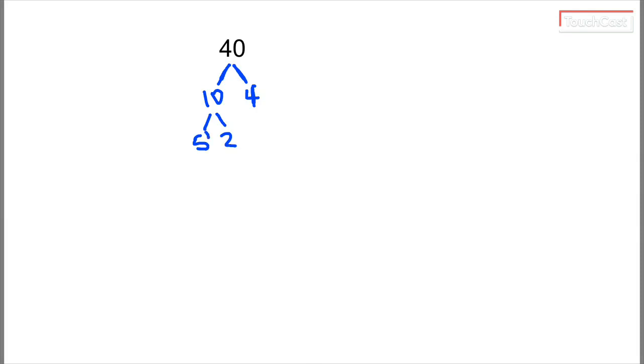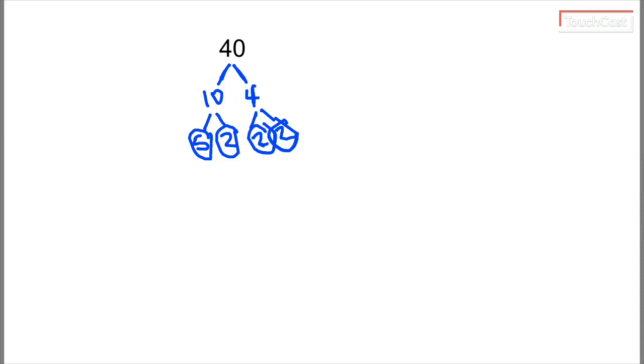And 5 is a prime number, so we're going to circle it. And as we talked about before, 2 is a prime number, so we're going to circle it as well. Two numbers that multiply together to get 4 are 2 and 2. 2 is a prime number, so we're going to circle it.